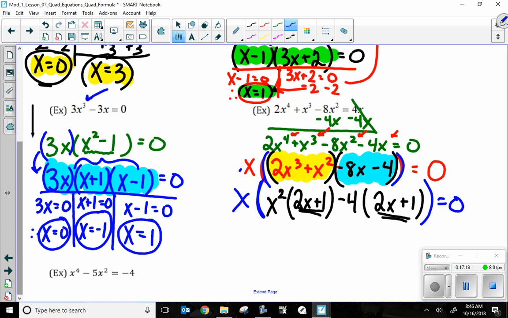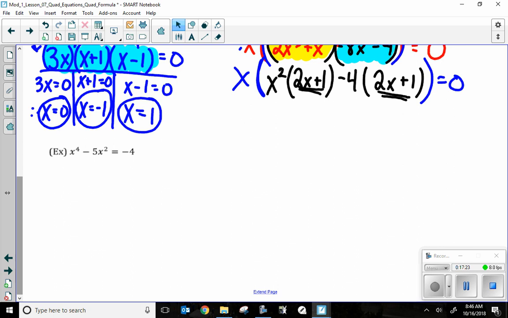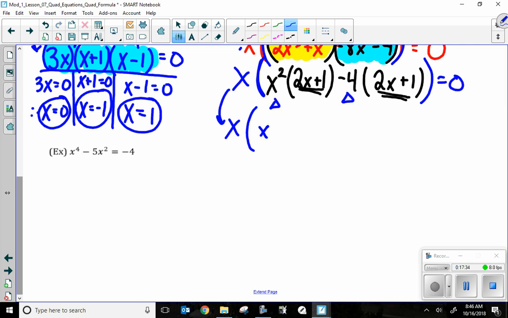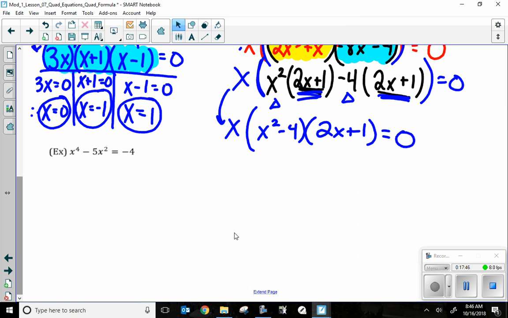All right, so now, if you remember our factoring by grouping, again, we'll bring this x along for the ride. Well, we factored out my x squared minus 4 goes in one parenthesis, and what goes in another parenthesis is my 2x plus 1. Okay? So, we can put our x in our full parentheses if we want.